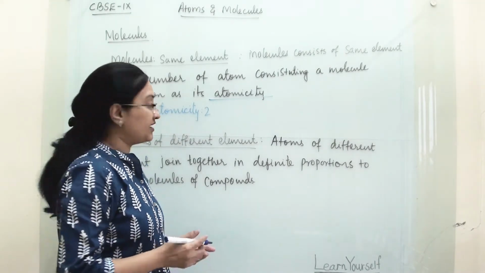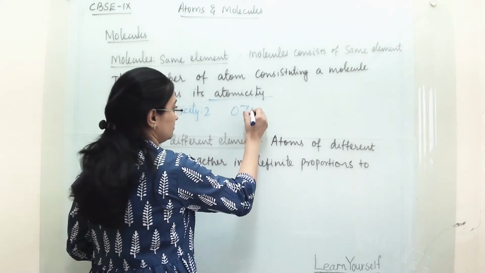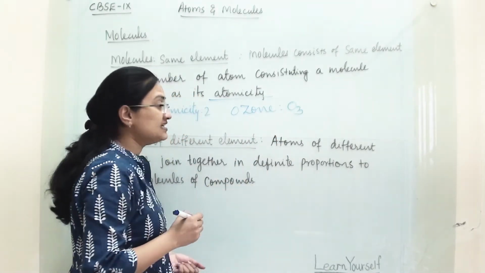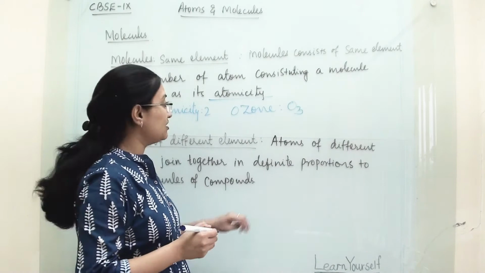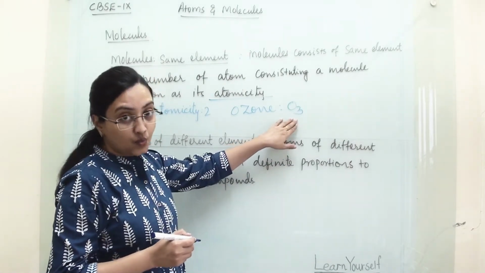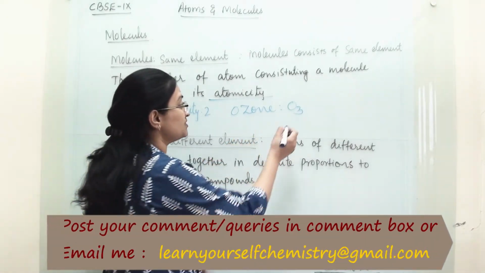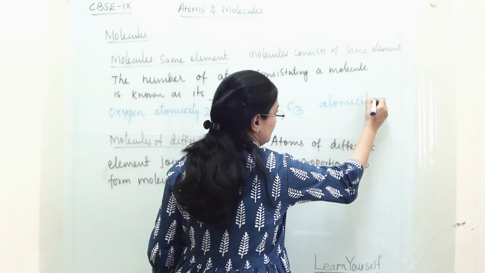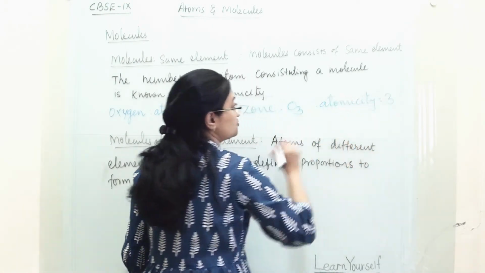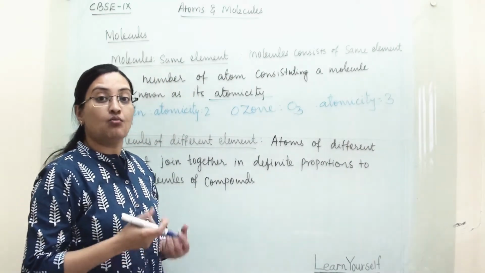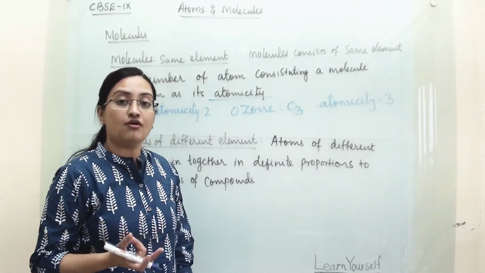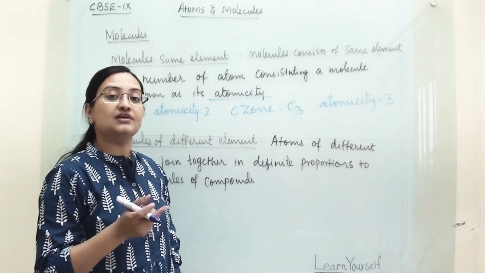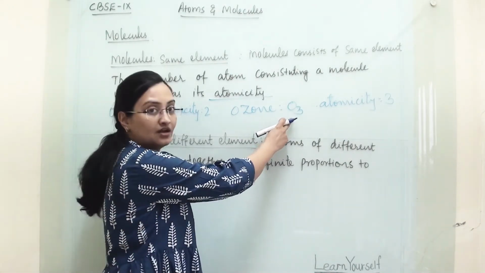Now if we talk about ozone, the ozone molecule is O3. In this, 3 oxygen atoms are combined in one molecule. So ozone's atomicity is 3. So it depends upon how many atoms of that same element make up the molecule. That will be the atomicity of that molecule.